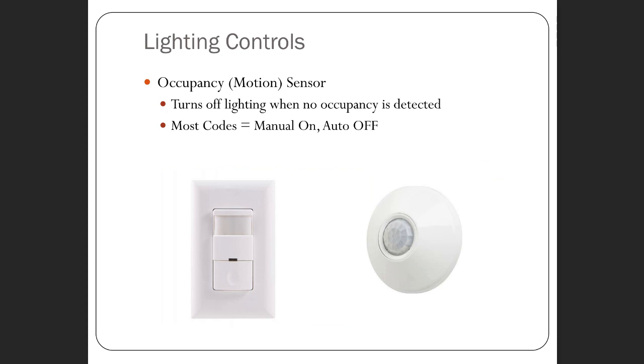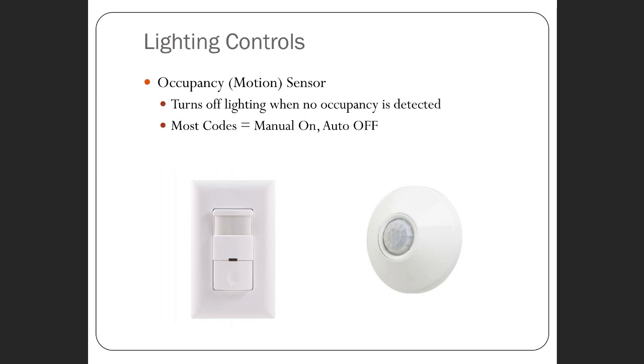Going along with our light fixtures, we quite often have lighting controls. I can't remember if I pointed these out when we walked through the H building way back when, early in the semester, but I know in the H building and many of the rooms at Triton have these occupancy controls, these motion sensors. Through various means, they're going to sense when someone is in the space and turn the lights on or off.